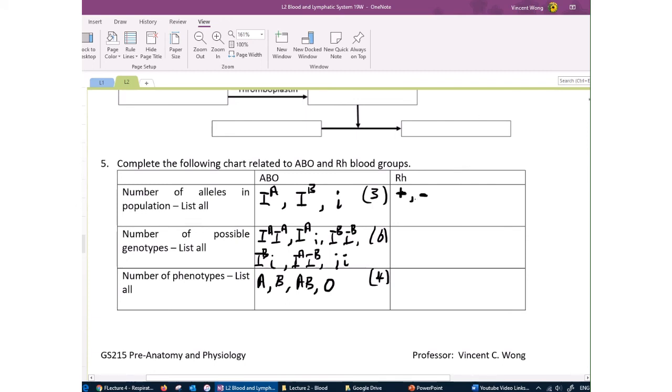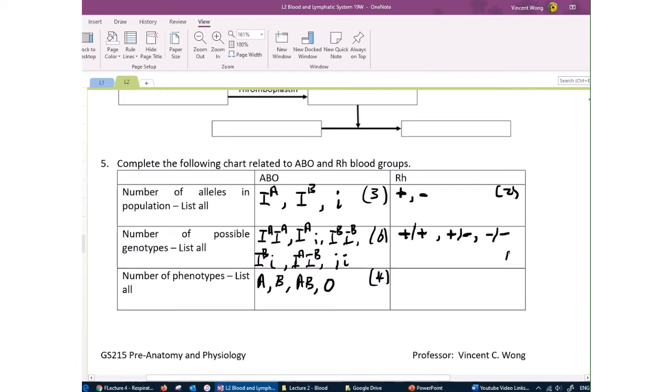So there are only 2, right? If you combine them into genotypes, you can have 2 copies of the positive allele. You can have 1 copy of the positive and 1 copy of the negative, which we can represent with a dash to separate it, or you can be negative and negative.